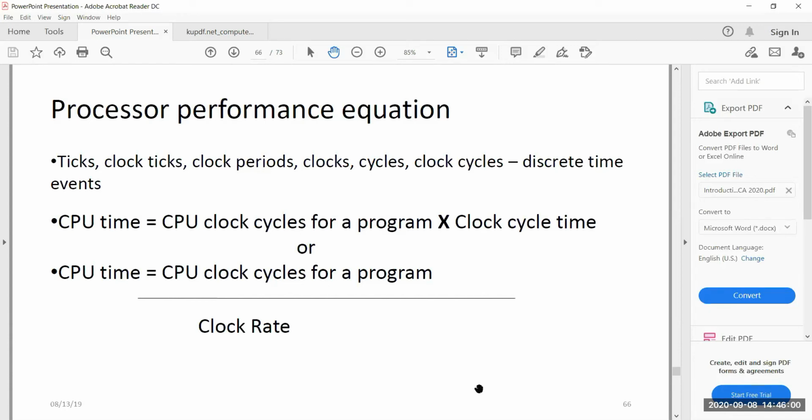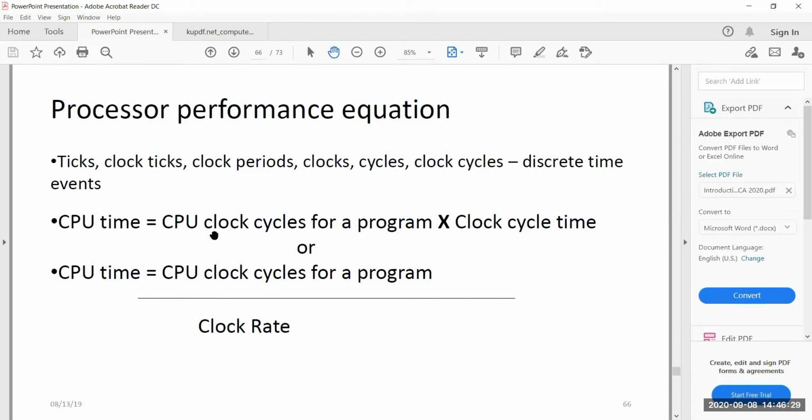And when referring to the time of a clock period, computer designers generally refer to it with respect to the duration, say 1 nanosecond, or by the clock rate, 1 gigahertz, 1 megahertz. And the CPU time for a given program can be expressed in one of two ways.